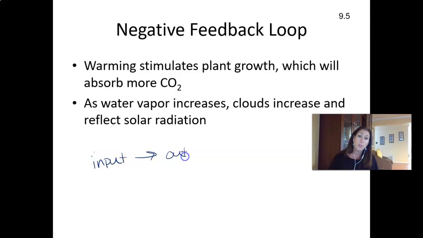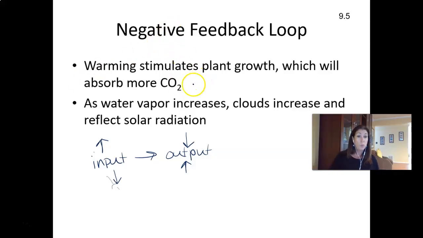With a negative feedback loop, your input is in the opposite direction of your output, so an increase of something will lead to a decrease of something, or a decrease leads to an increase. So your input is in a different direction than your output. A negative feedback loop is not necessarily something bad.